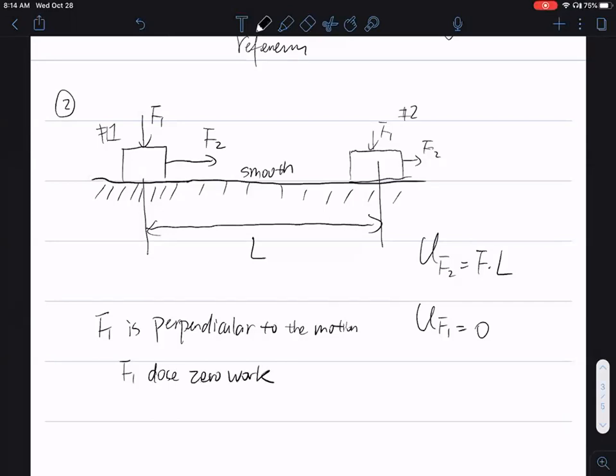So any force that has a direction perpendicular to the motion of the particle does 0 work.